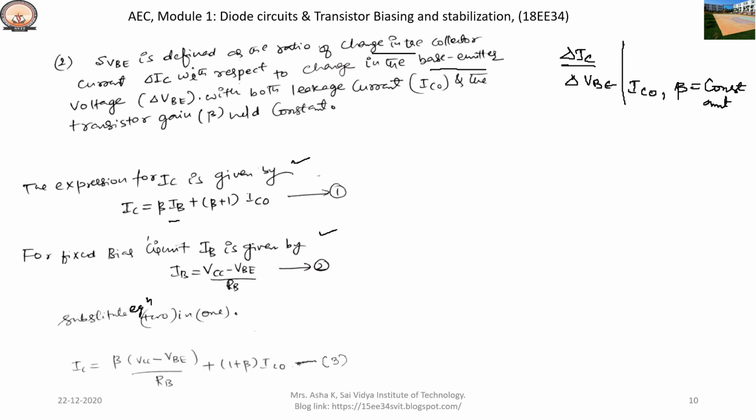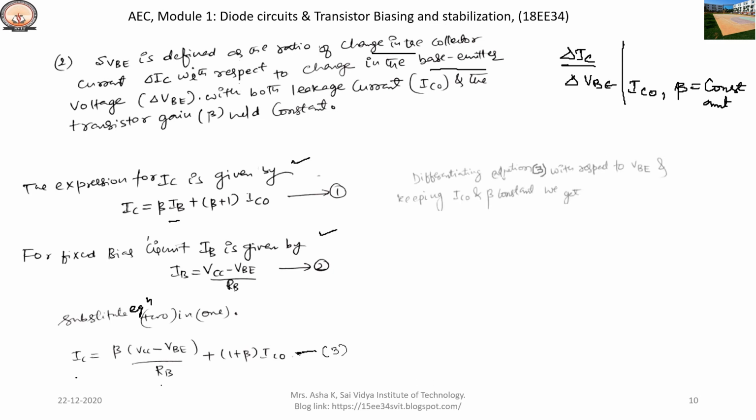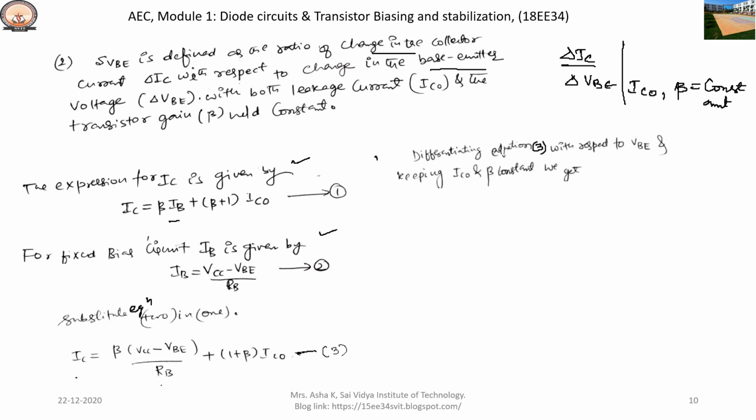After substitution, we are going to get IC is equal to beta into VCC minus VBE by RB plus 1 plus beta times ICO. Differentiating equation 3 with respect to VBE, keeping ICO and beta constant, we are going to get delta IC by delta VBE is equal to minus beta divided by RB.